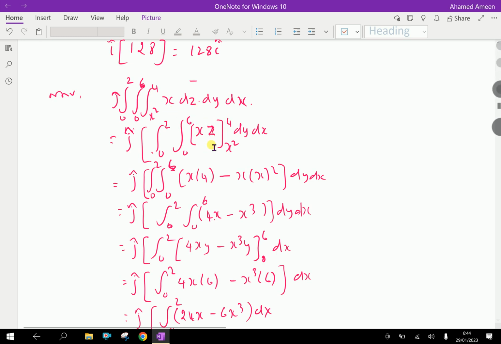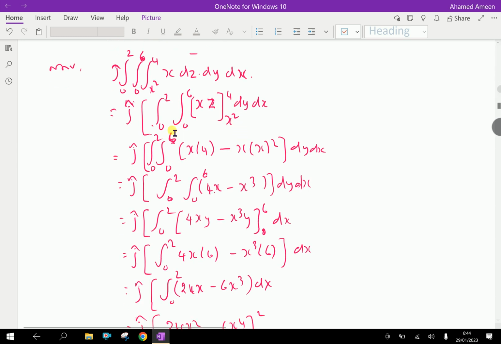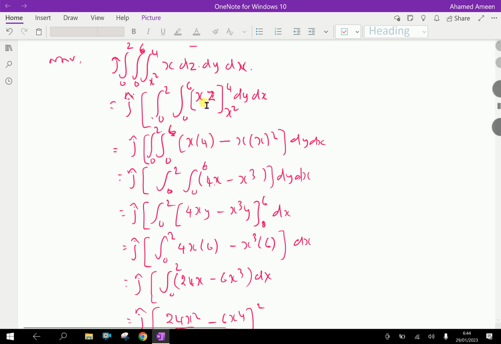Integration of x dz is xz, with limits x squared to 4. Applying the values, it becomes x into (4 minus x squared).